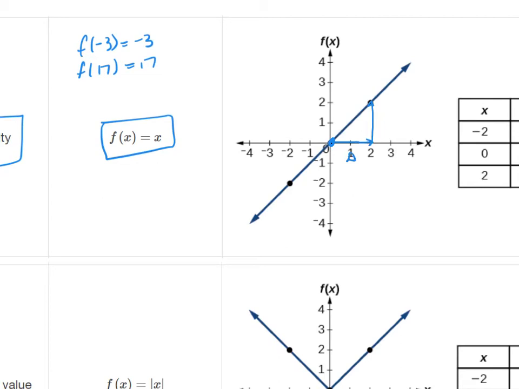So the change in x and the change in y gives me my slope, which is the change in y over the change in x, and this happens to be 1. So when I put in -3 for x, -3 comes out for y.